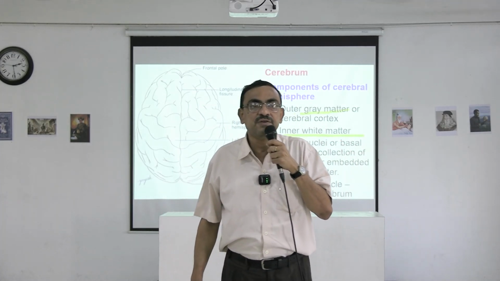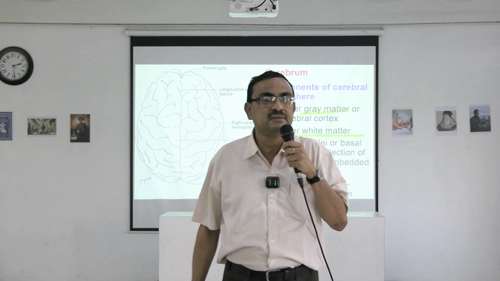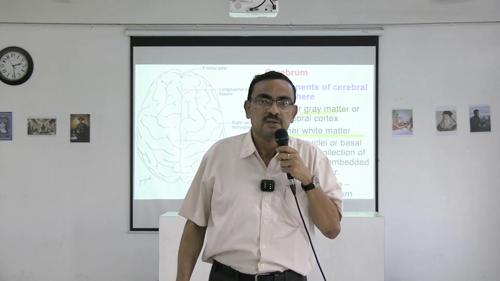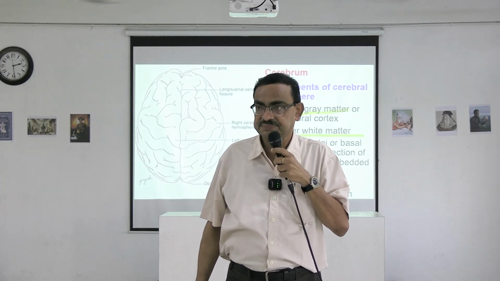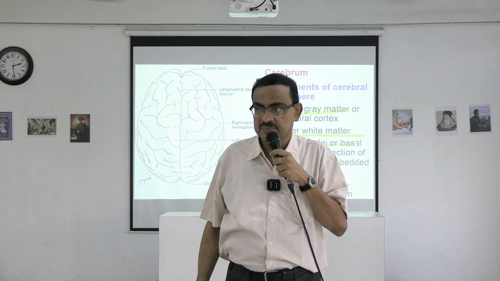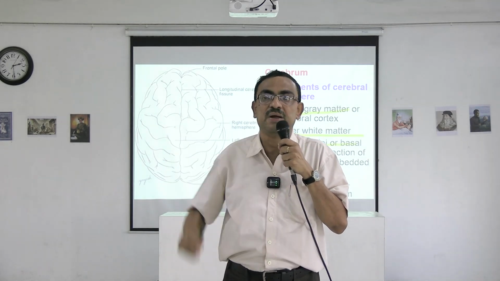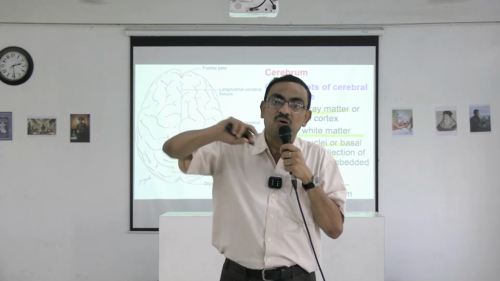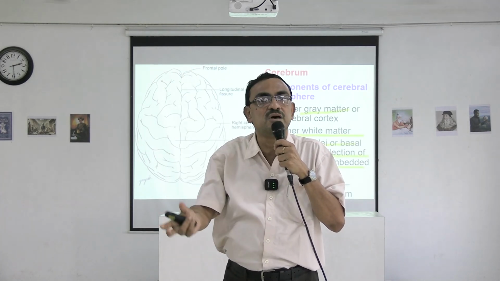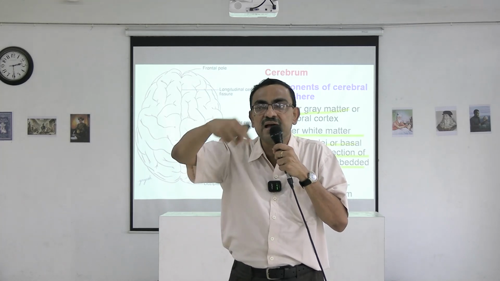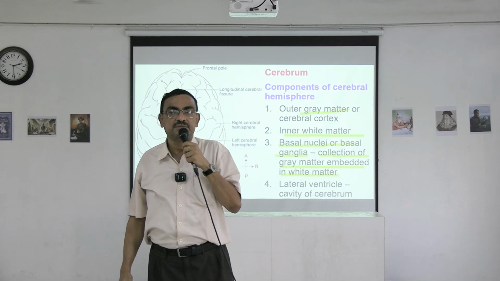And even within the inner white matter we can get some scattered grey matter. Those are called subcortical grey matter. So the outer cortex comprises of grey matter, and the inner medulla comprises of white matter.